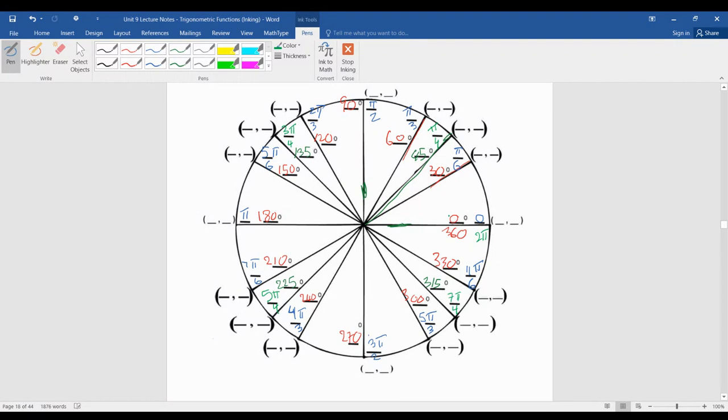Now, in regards to the measure in radians, we have all the special angles on the unit circle.